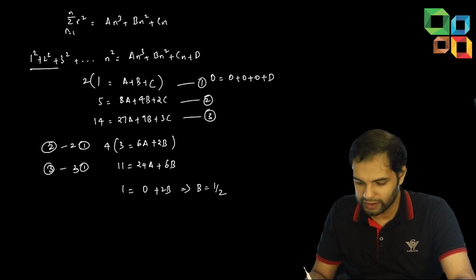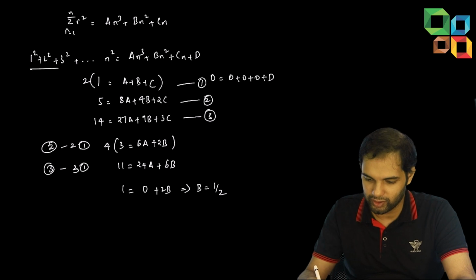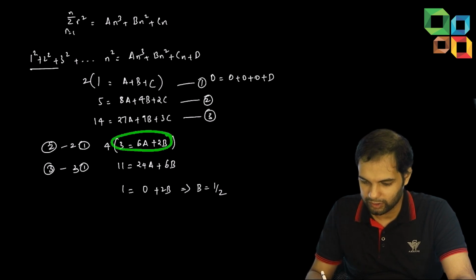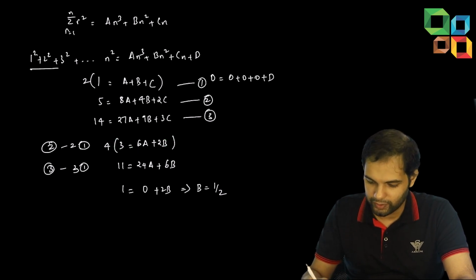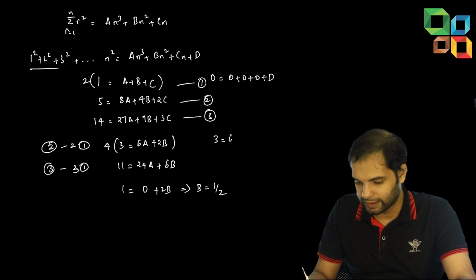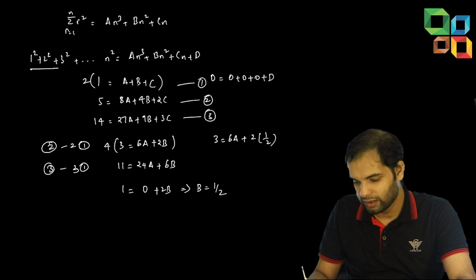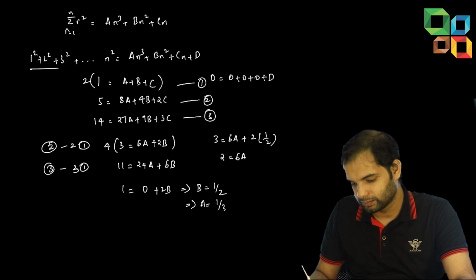When b is half, I'll simply substitute in one of the equations to get a. Let me substitute it here. b is half. So 3 is equal to 6a plus 2 into half. 3 minus 1 is 2. 2 is 6a. This implies a is 1 by 3.